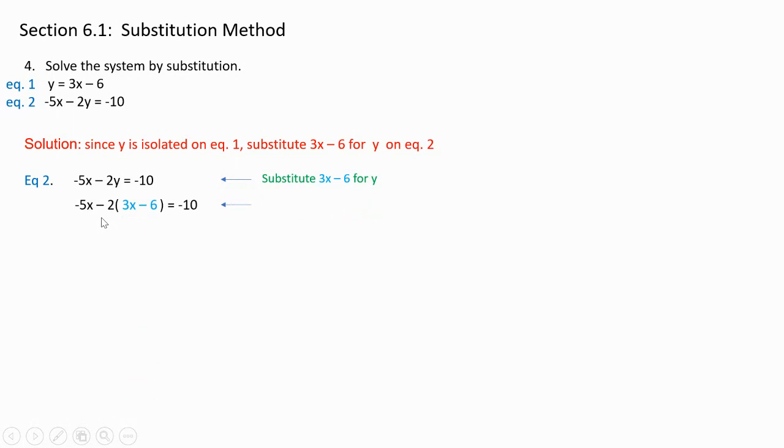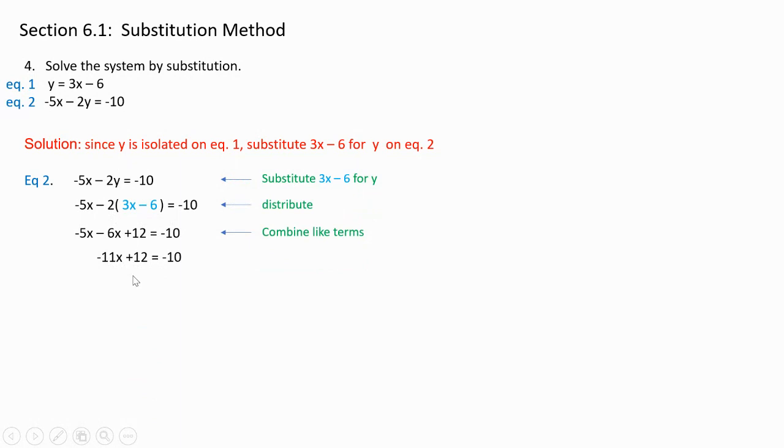Then I'm going to distribute. So it'll be negative 5x, negative 2 times 3x will give us negative 6x, and negative 2 times negative 6 will give us positive 12. So then we have negative 5x minus 6x plus 12. Then we're going to combine like terms, which will give us negative 11x plus 12 equals negative 10.